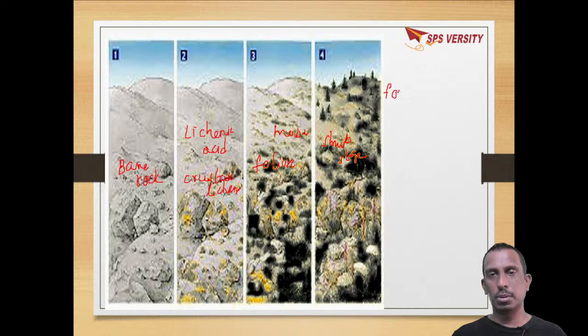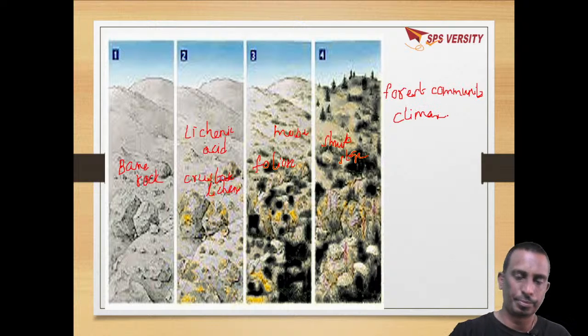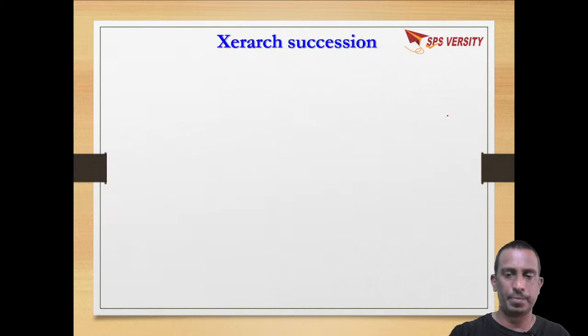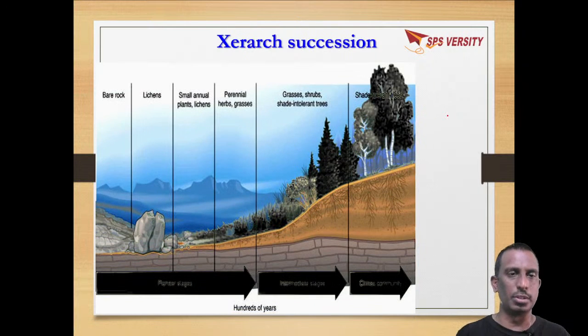So the forest community is occupied with tall trees. Finally we have come to a climax community with tall trees. You can see in the picture the gradual replacement of one community after another. If you see this xerosere, initially it starts with bare rock.